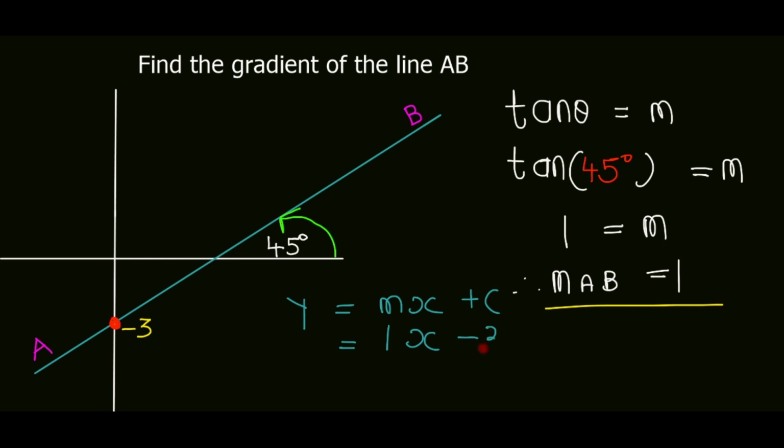So this is the equation of line AB. So this is our answer: y is equal to x minus 3. So anyway, that's it for this question.